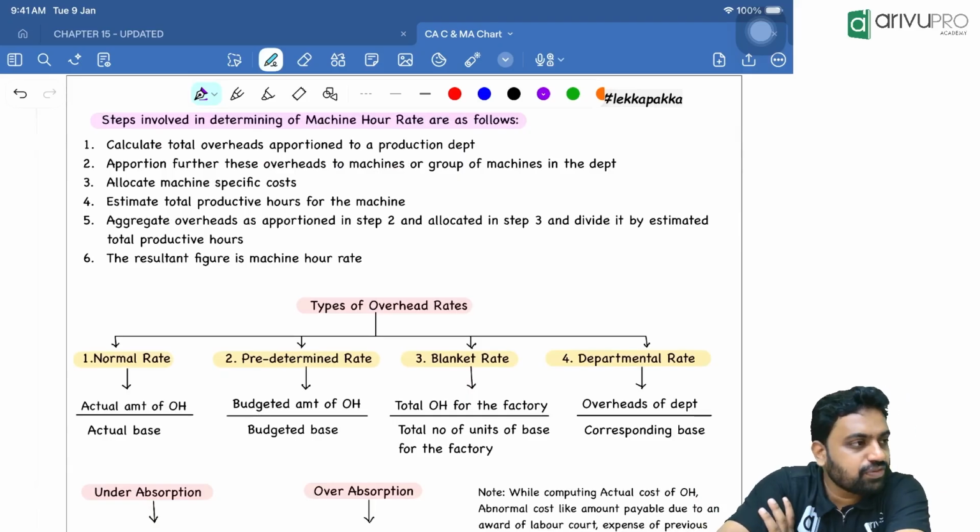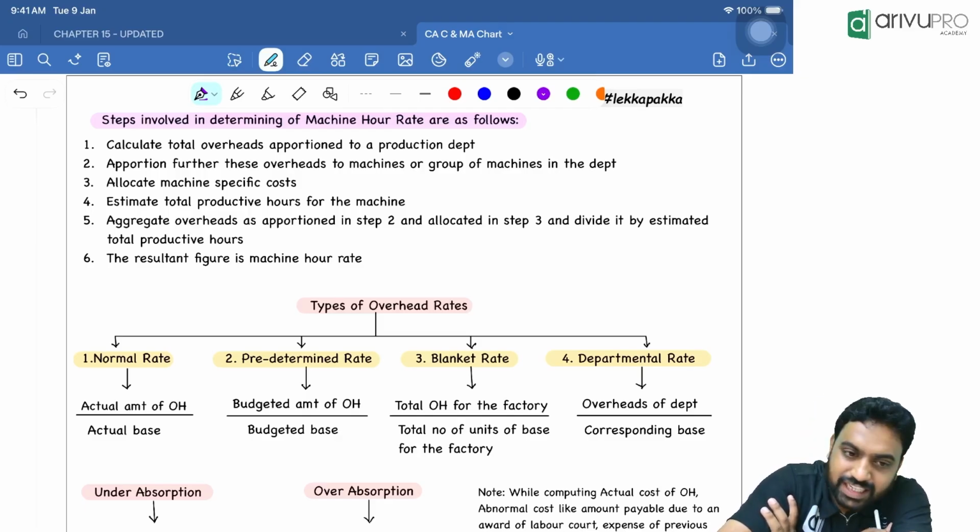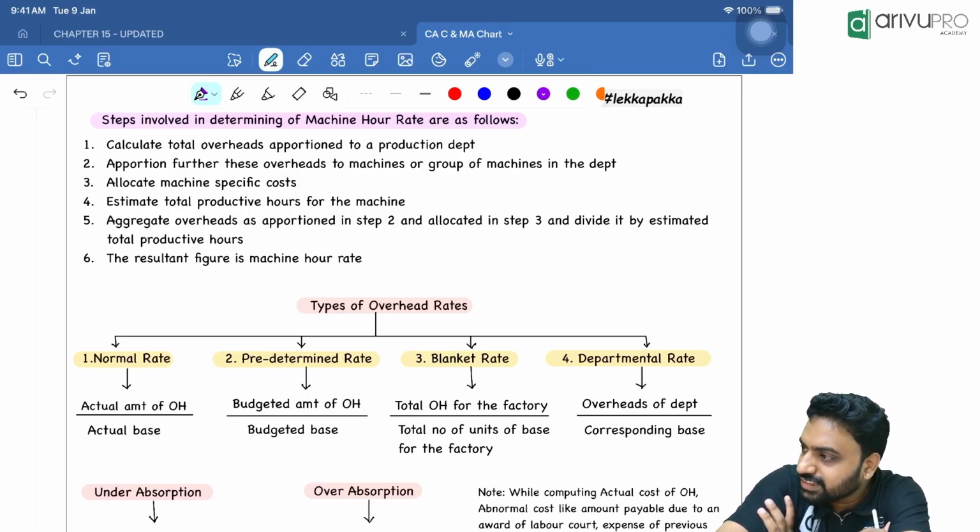So what are the steps involved, sir? Step number 1, calculate the total overhead apportioned to the particular production department, that is cost center. 2, then divide it into different machines. 3, allocate machine specific cost, that means your direct cost plus indirect cost. 4, then estimate the total productive hours of the machine. 5, aggregate the overheads of step number 2 and step number 3, that is your share of common expense plus direct machine related expense.